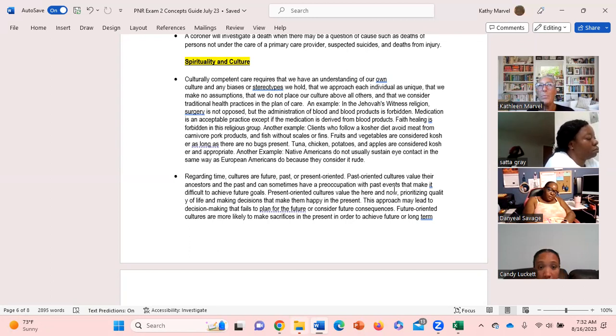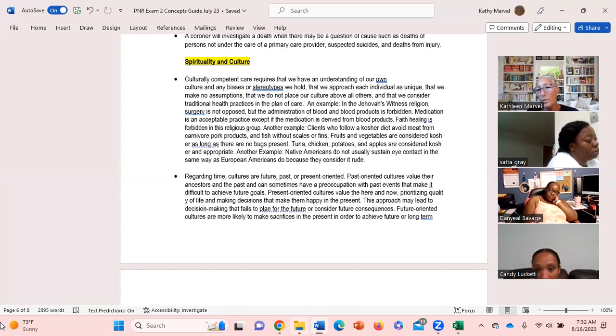Right? We may not be able to do everything, but we certainly can do what we can. We all work with different kinds of cultures that are very different from ours.